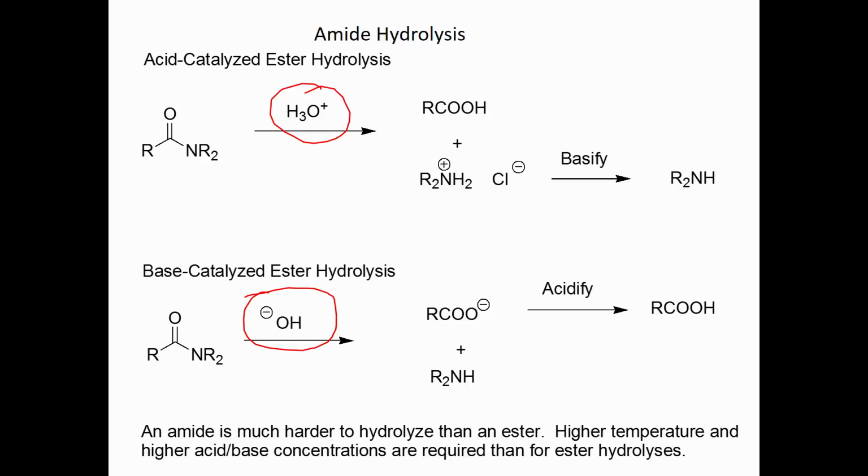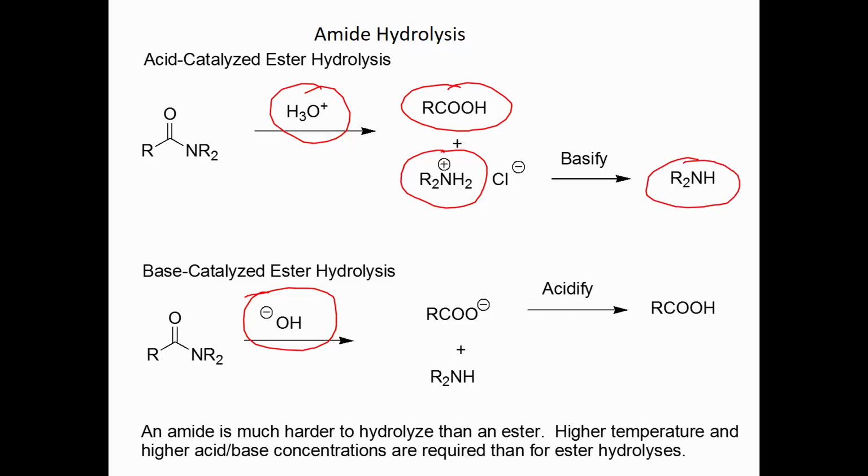In the acid-catalyzed amide hydrolysis, we make a carboxylic acid and an ammonium salt, and if we want to get the free amine out, we have to add base later to turn the ammonium salt back into the free amine.